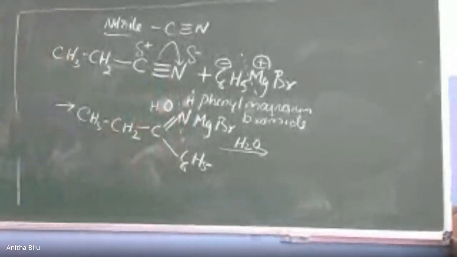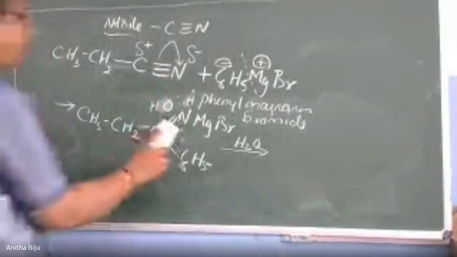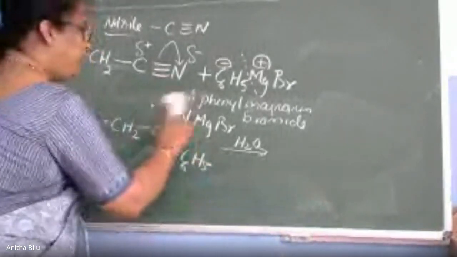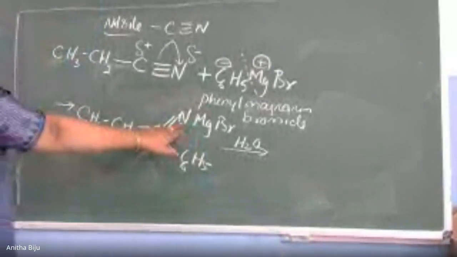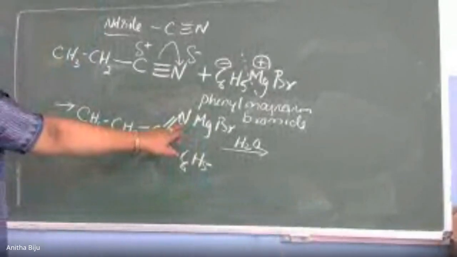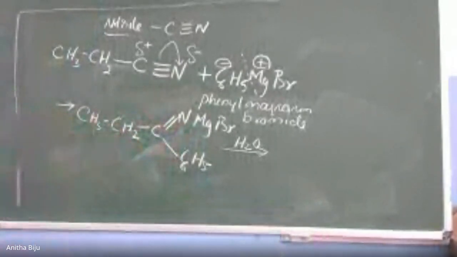So in this way, the splitting will take place, but here according to the mechanism, the double bond will not be cleaved. So here nitrogen is replaced by oxygen. Why? Because when I draw H2O there, it again makes confusion. So it is better you understand in this way.